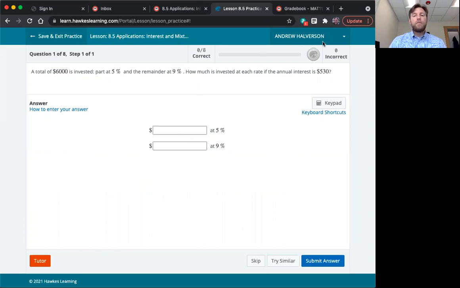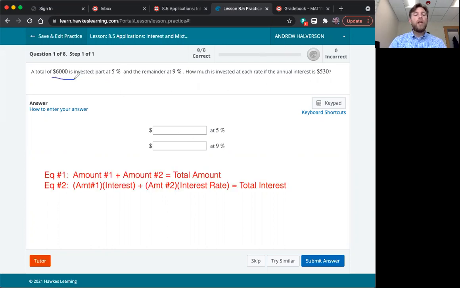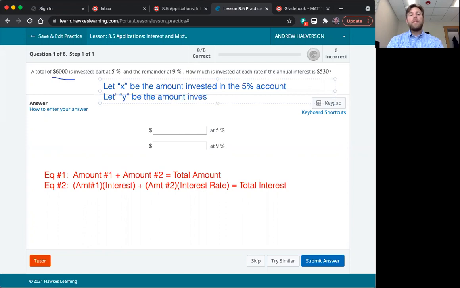We're only told that we have $6,000 to spend, but it's being divided between two accounts. So let's let X be the amount invested in the 5% account, and let Y be the amount invested in the 9% account.